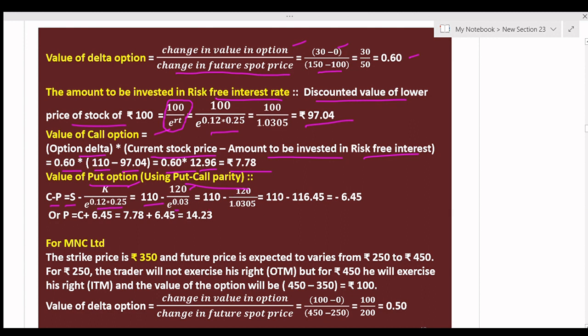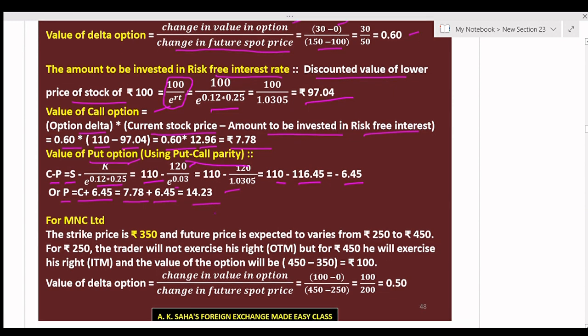That is equal to 110 minus 116.45, which is minus 6.45. Now C minus P is equal to minus 6.45, so P is equal to C plus 6.45. Putting the value of C, 7.78 plus 6.45 is equal to 14.23.